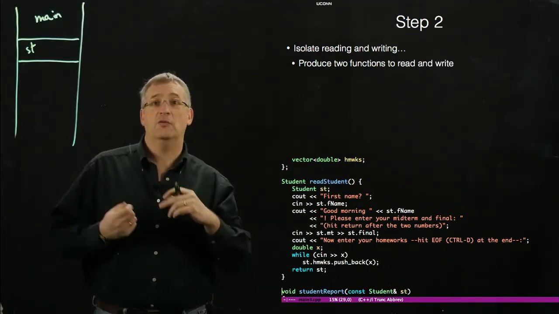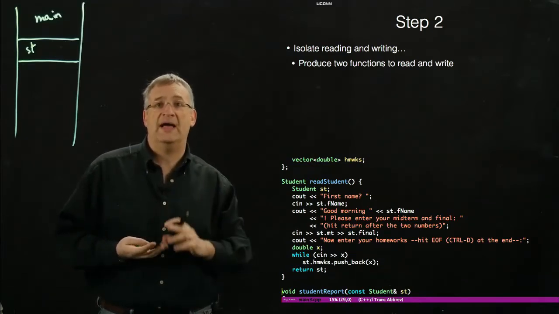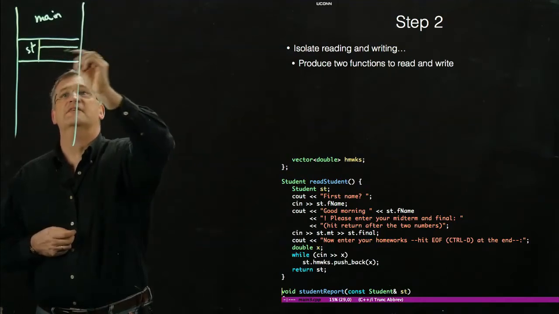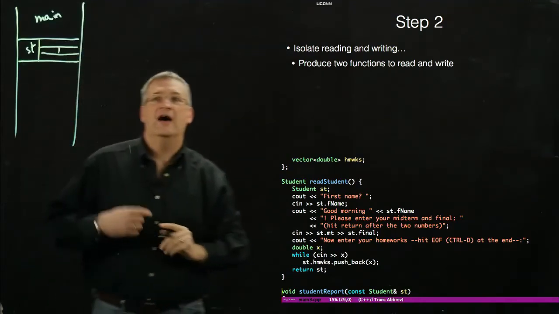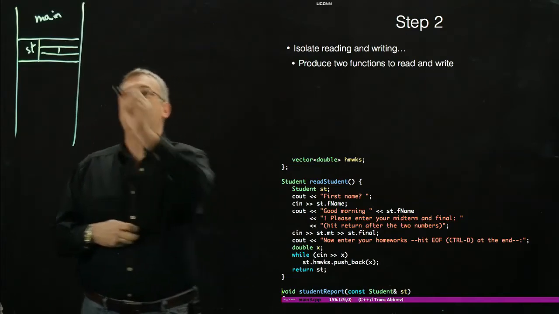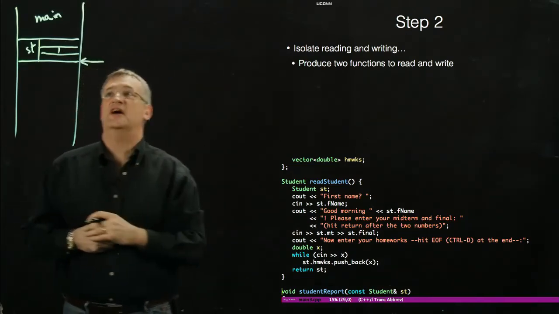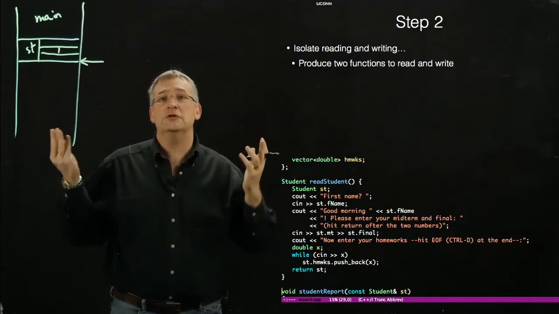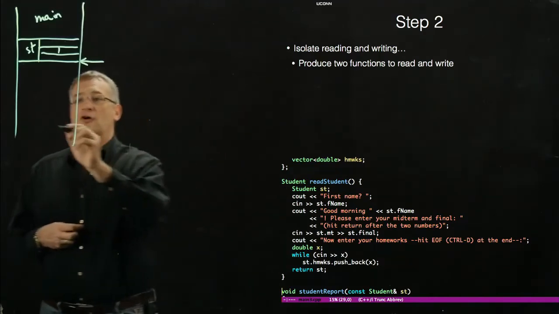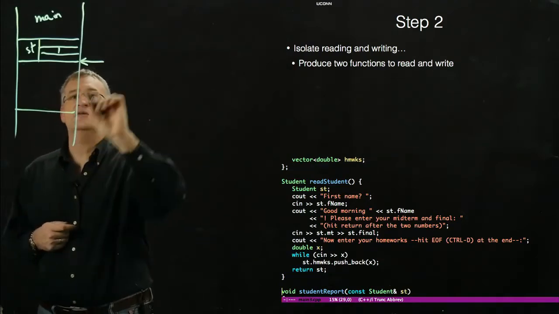It's a structure with a string, 2 doubles, and a vector of homeworks. So it's something that looks a bit like that. I think that's how we drew it last time: name, 2 doubles, homeworks. It's on the stack. This is where I am when I'm inside main. Now at the beginning that student is uninitialized, but we call read student. So now we enter a frame for read student. So here is read student.